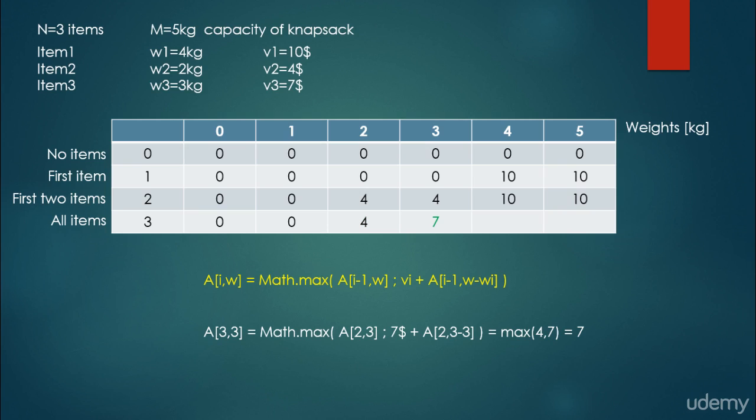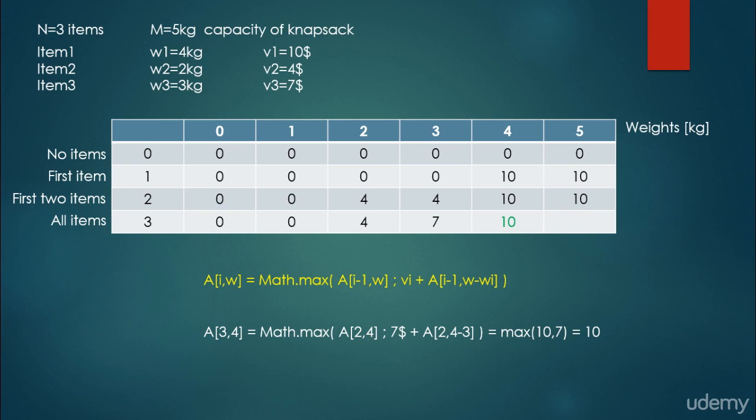Because in the lookup table, the integer with row index 2 and column index 3, there's a 4, and integer with row index 2 and column index 0, there's a 0, but $7 plus 0 is equal to $7, and 7 is greater than 4, so it's going to be a 7.